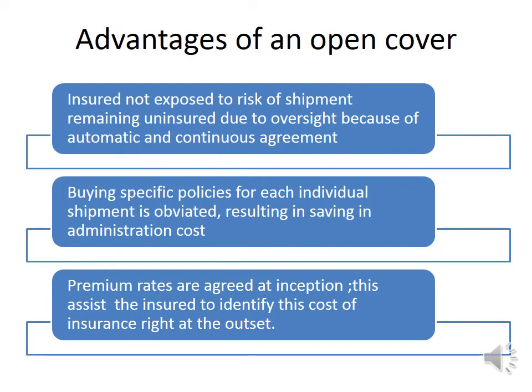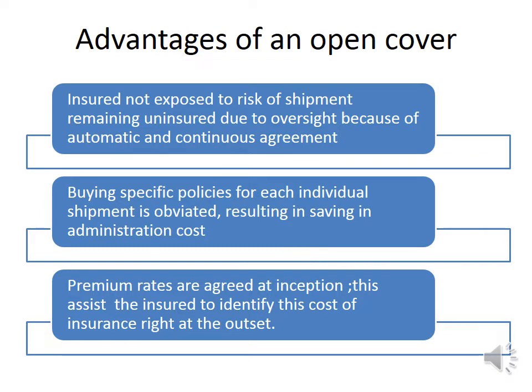Now, when we refer to the advantages of an open cover, it is over a specific voyage policy. Initially it is specific voyage policy, then open cover, then open policy, sales turnover, sales throughput policy, delay in startup. This is the way the steps or rungs are there.